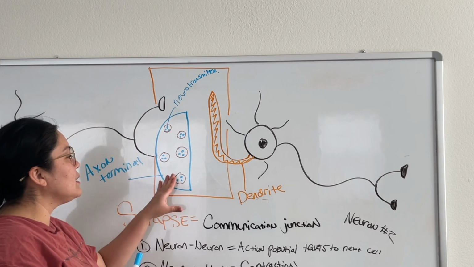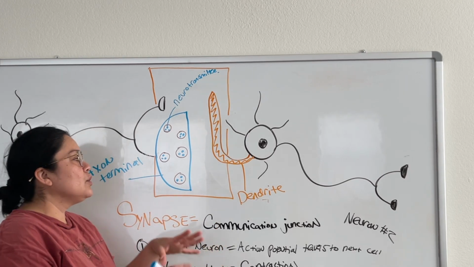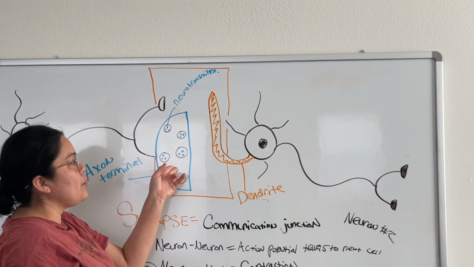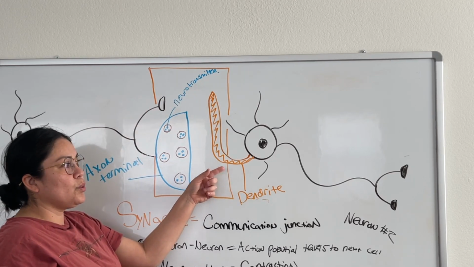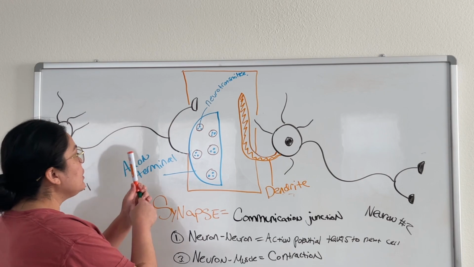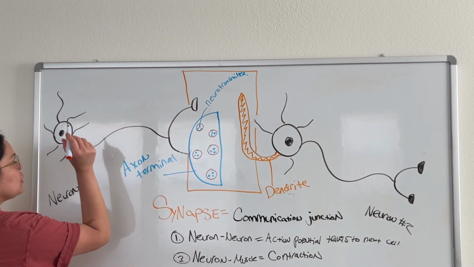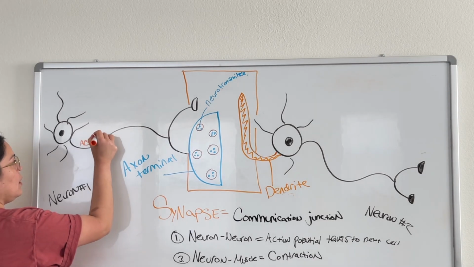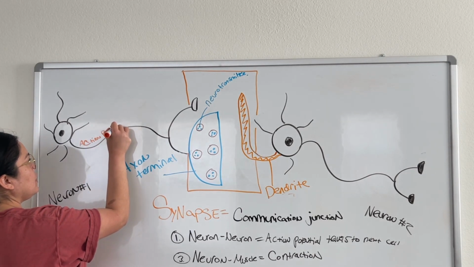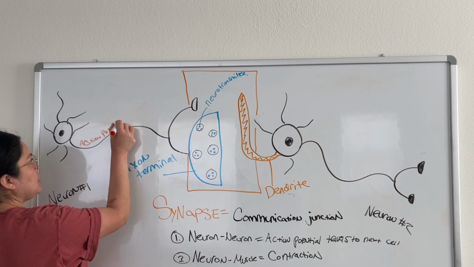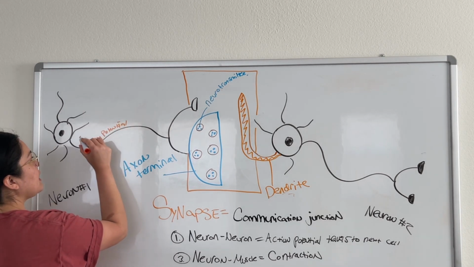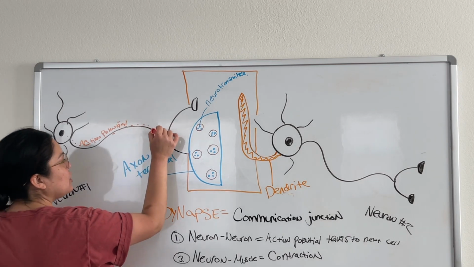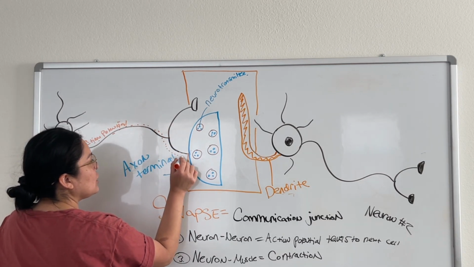Well, those vesicles need a signal to release the neurotransmitter so that it can travel to the next cell. So here's what's going to happen. The action potential, which really is just an impulse, is going to travel down the axon to the axon terminal.